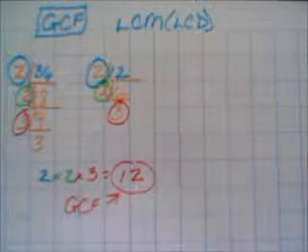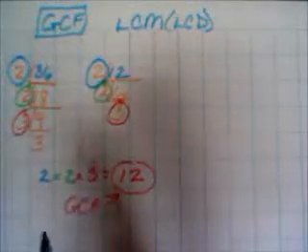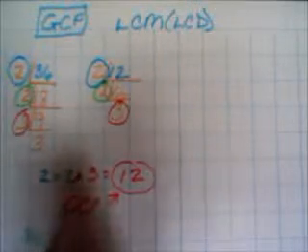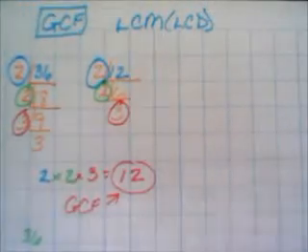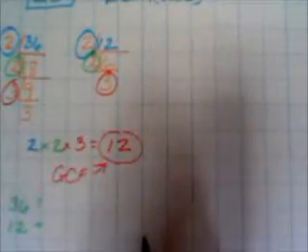Okay, how else would we have found this? We would have taken our two numbers, 36 and 12, right? And we would have found the factors.